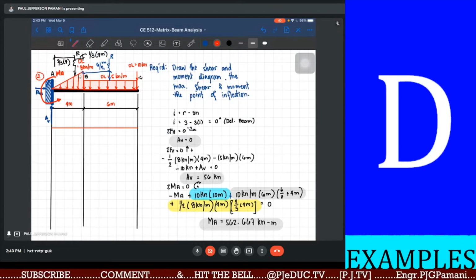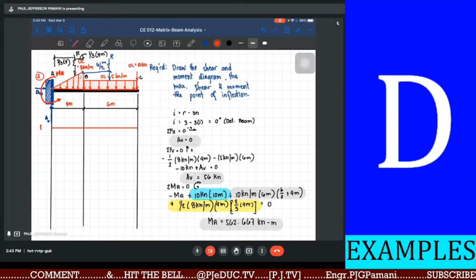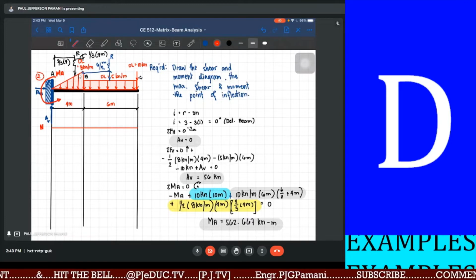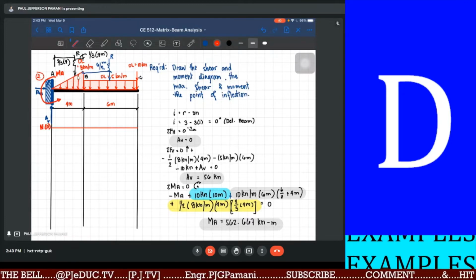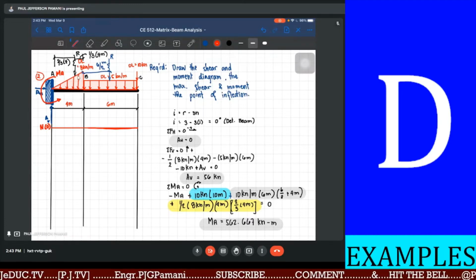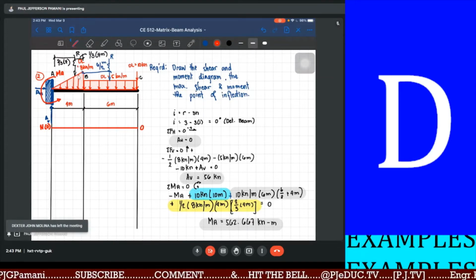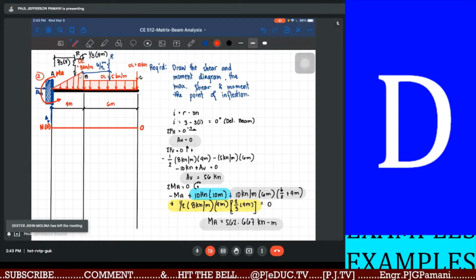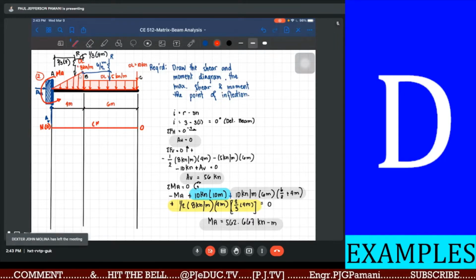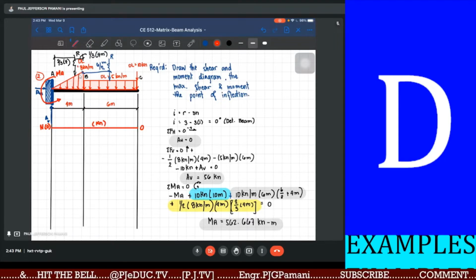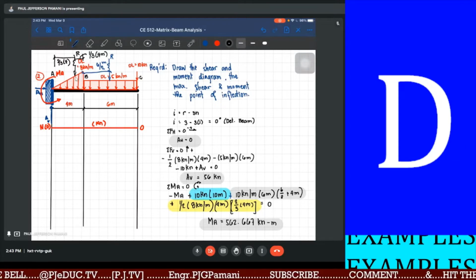So if our horizontal force here is equal to 0, the normal force is simply equal to 0, or a simple straight line as its representation of diagram. So yan na yung ating normal diagram, also in kilonewton.